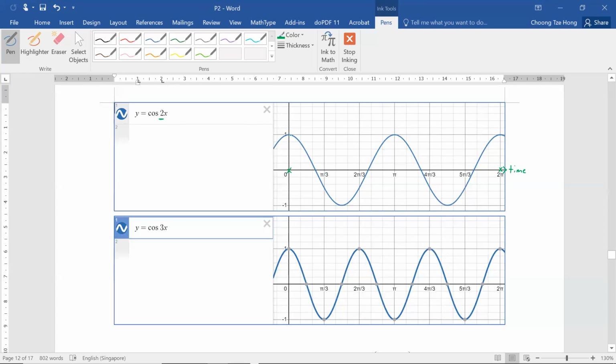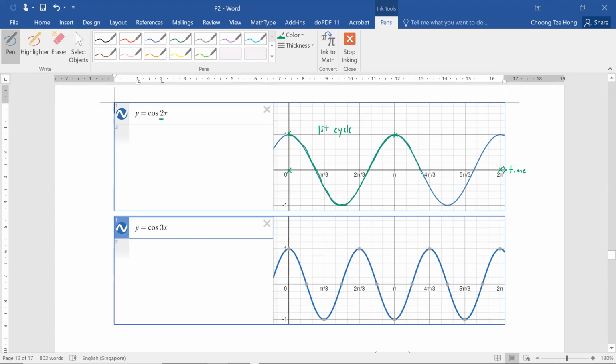A complete cosine wave will constitute going from the maximum, down to the minimum over here, and then going back up to a maximum. So this will be one cycle, from here to here. Let's call this the first cycle.